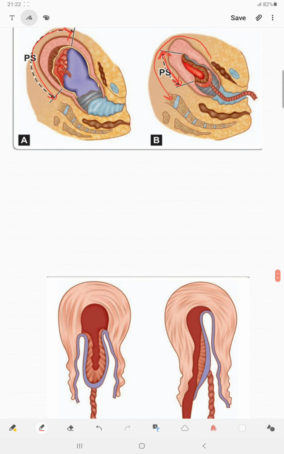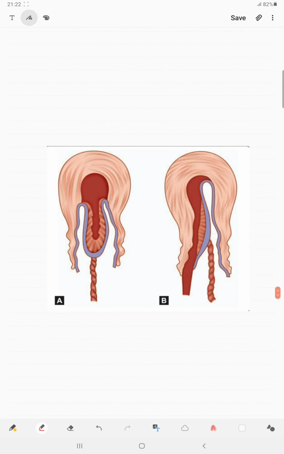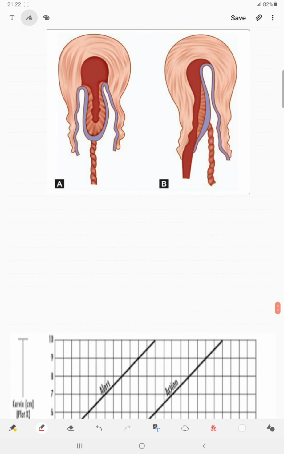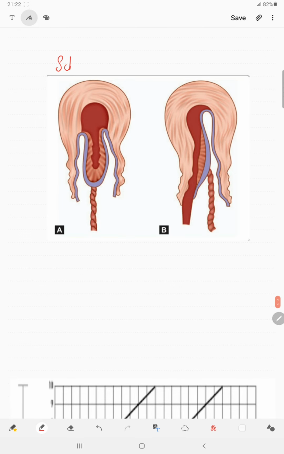Okay, so I have two mechanisms of separation of the placenta. One would be a central method of separation. This is the Schultz method of separation, and this is a peripheral method of separation. This is known as the Matthew Duncan method of separation.